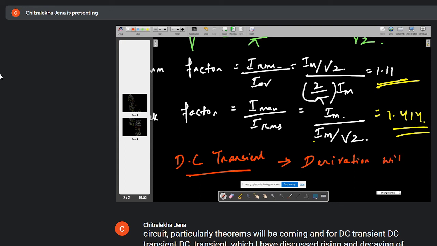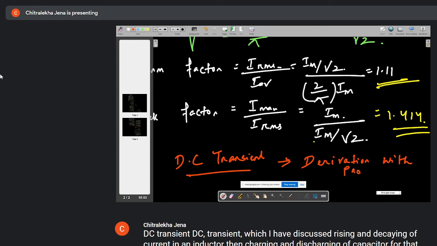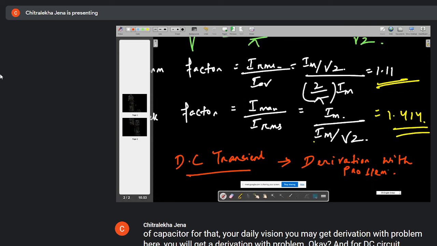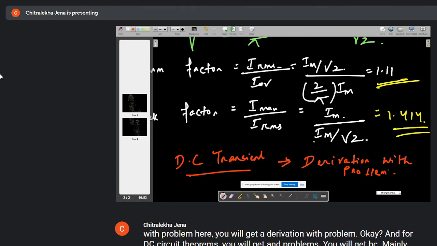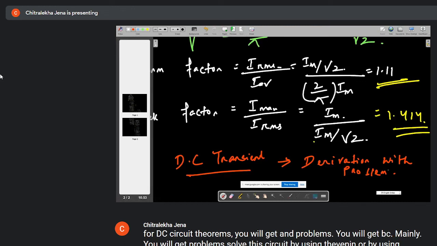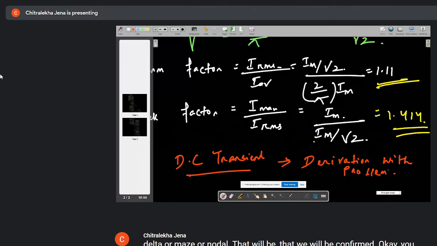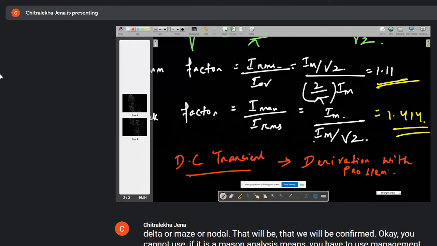For DC circuit, theorems you will get and mainly problems. Solve this circuit by using Thevenin or Norton or superposition or star delta or mesh or nodal. That will be specified. If it is mesh analysis, you have to use mesh analysis. You cannot use nodal analysis there. DC transient derivation you will get.